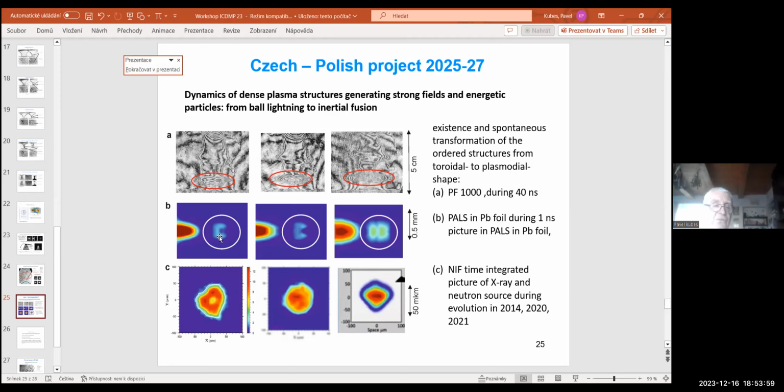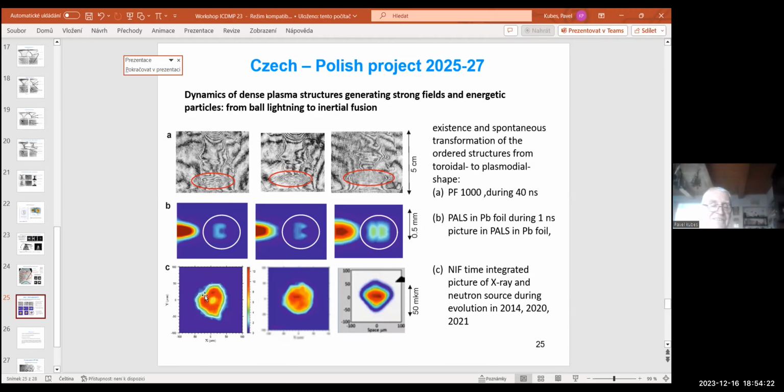Here also forms a toroidal structure, which forms a plasmoidal structure, but on another scale. In this scale, the dimension is about 100 micron, and time scale is 100 picosecond.